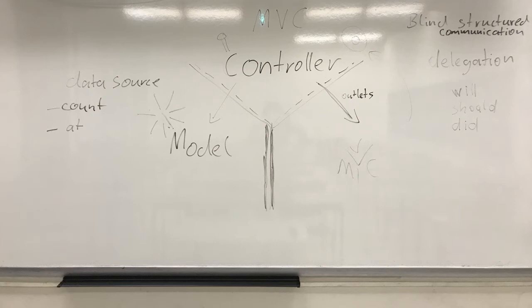So the nice thing about separating it into model view controller is that maybe the model is used in a different model view controller. So let's say this is one screen. We have a model here, and we might want to use the same model in a different screen.